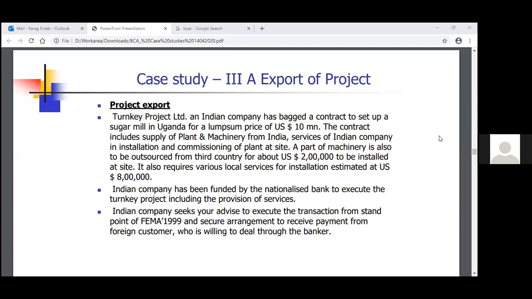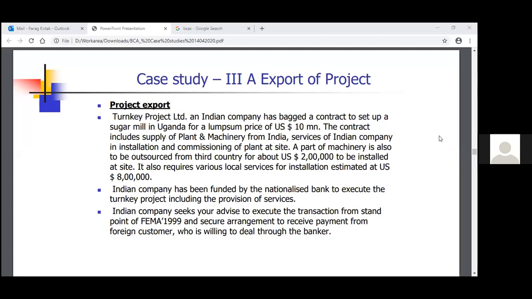A branch outside India again does not help you, because the normal understanding is that what an Indian company can do can only be done by a branch outside India, based on the earlier case study.